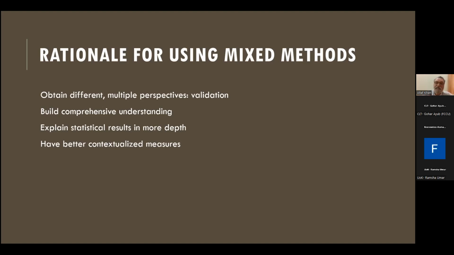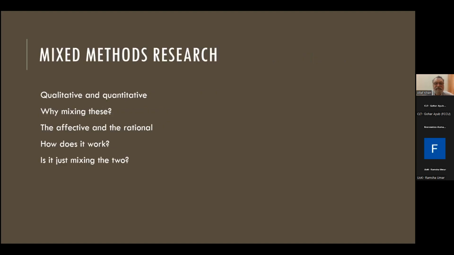At the same time, qualitative research becomes simply what we call anecdotal if we don't have support from the quantitative side, especially when there are larger groups. And definitely there are better contextualized measures.